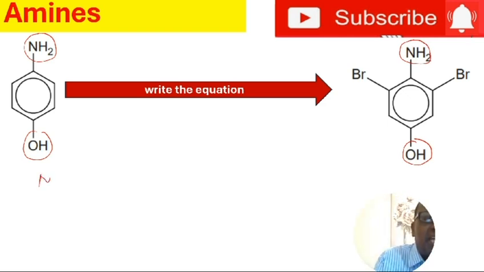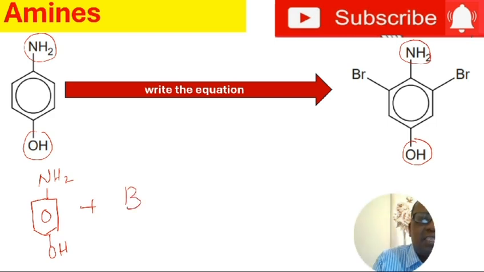I would take the NH2 with my phenol group there, and obviously there are 2 bromines there, so we must have added bromine, and benzene undergoes electrophilic substitution.